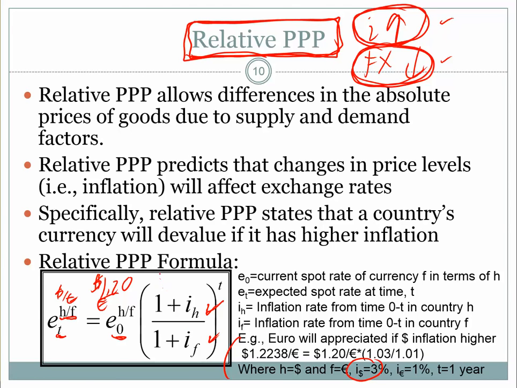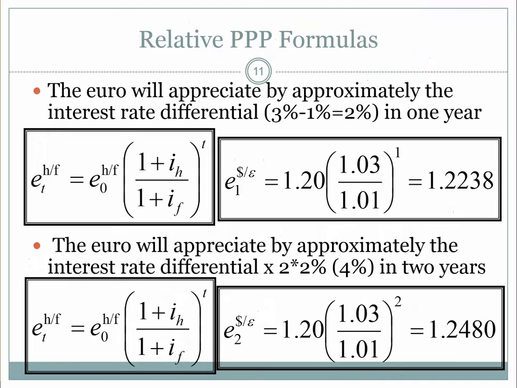Since this dollar is up top, I'll make that 103. And inflation in euro is 101. And I get a new exchange rate, 120 times 103 over 101. Now the next slide has that. So again, the initial exchange rate, 120 per euro. So my dollar over euro inflation says that the exchange rate will go to 122.